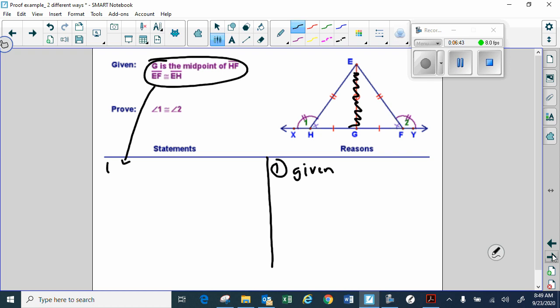Okay, so I can go ahead and do step 2, use my definition. Right there. So I'm going to be able to say segment HG is congruent to FG by definition of midpoint.